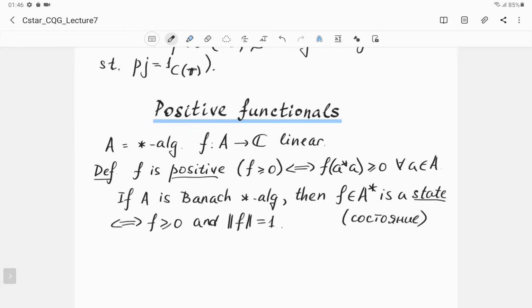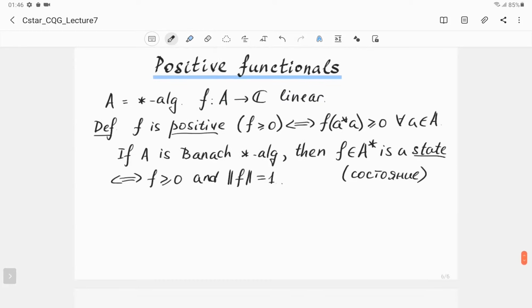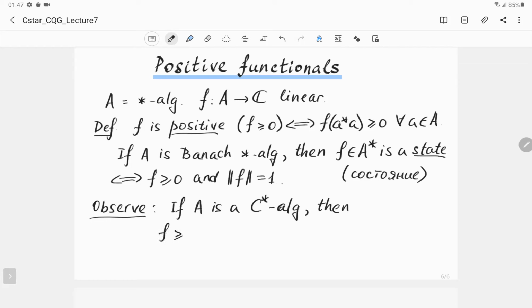Now, first of all, let's observe the following. This definition works for an arbitrary star algebra. But if A is a C-star algebra, then a linear functional f on A is positive if and only if it takes positive elements to non-negative numbers.